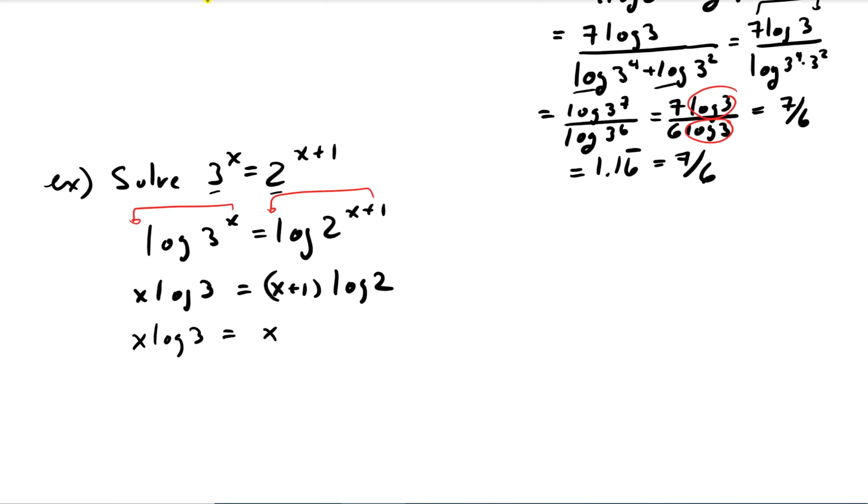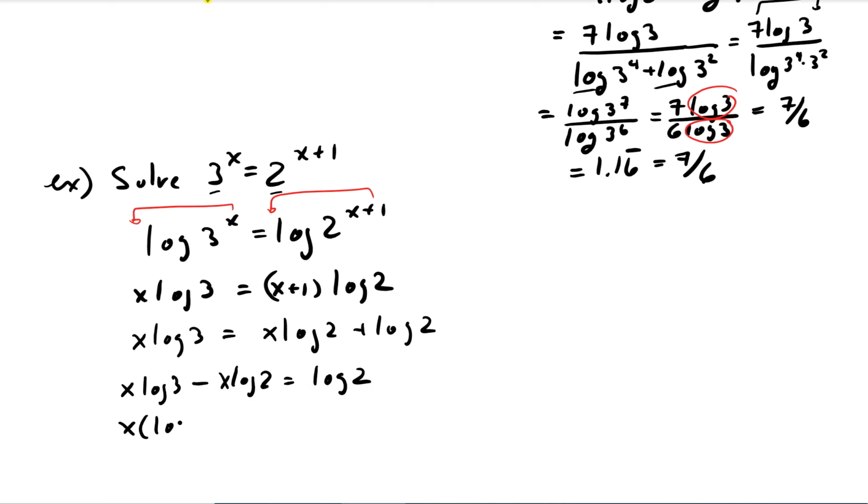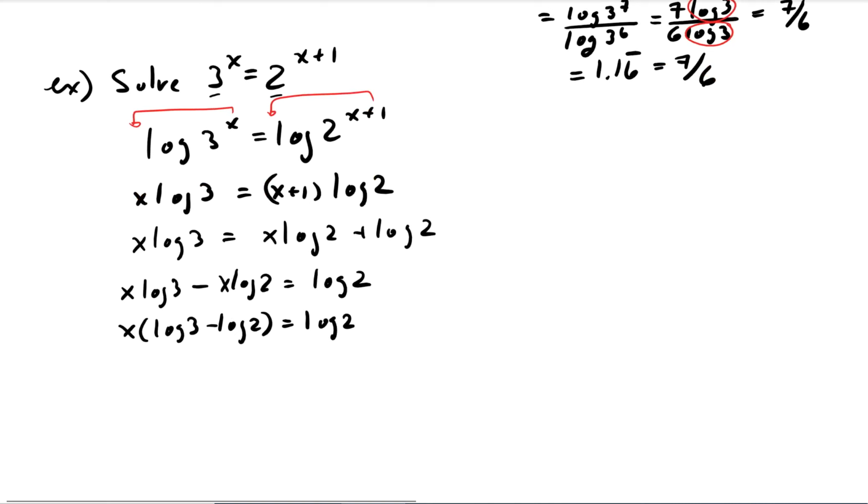So we're going to solve again by expanding. Regroup the terms that have x within them. Keep the other terms on the other side. Factor x. And finally, divide by that factor that we just obtained.